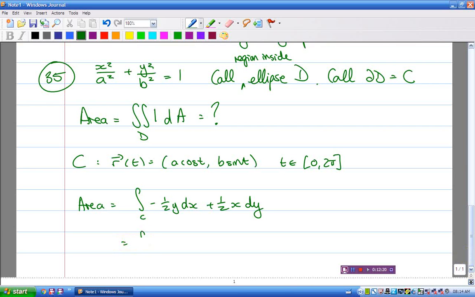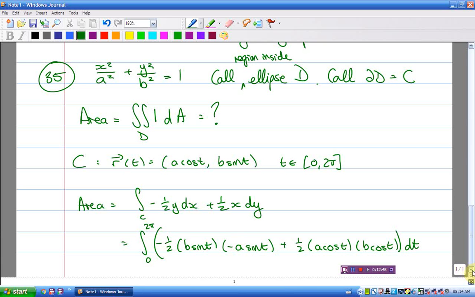So this is equal to, I'm going to turn everything into t, so this will be 0 to 2 pi, minus a half, y is b sin t, dx is going to be minus a sin t dt, but I'm going to push the dt right to the end, plus a half, x is a cos t, and the dy will be b cos t, and then here's my dt for the whole thing.